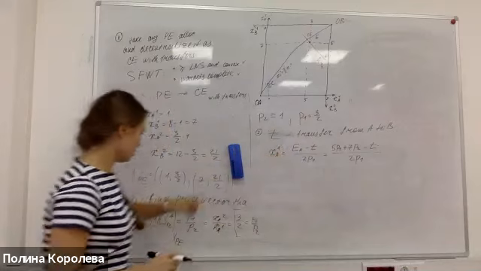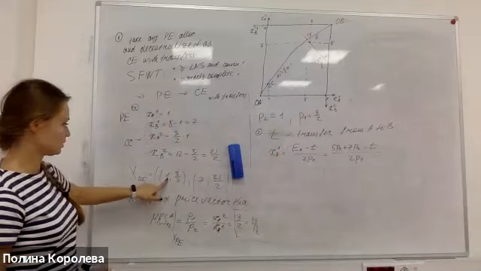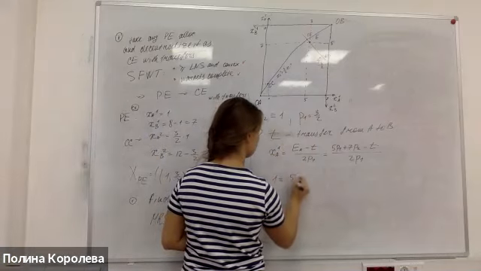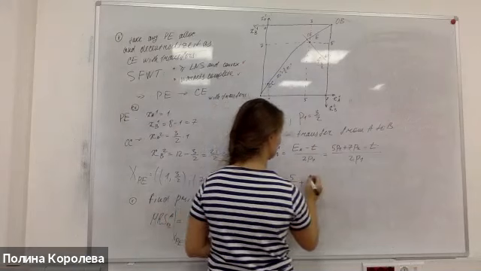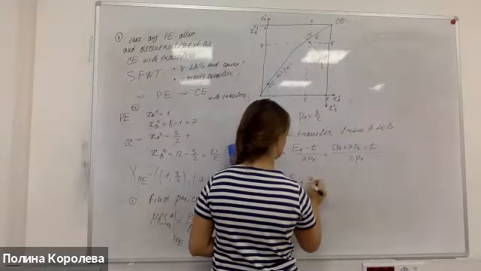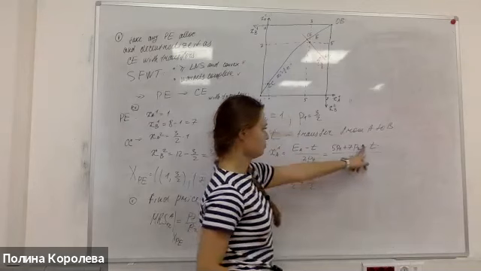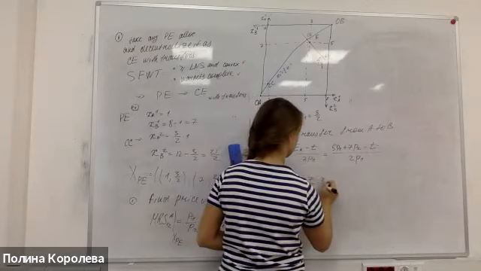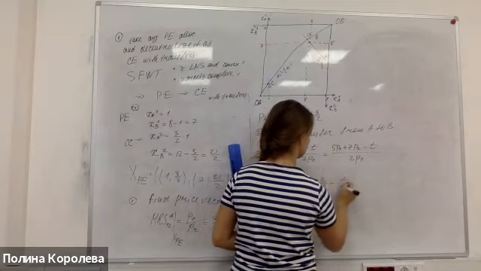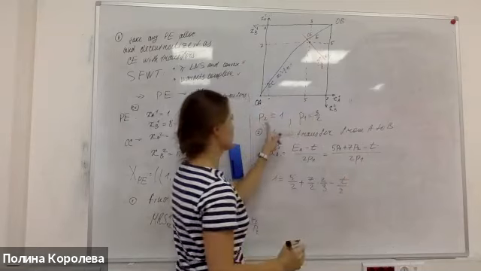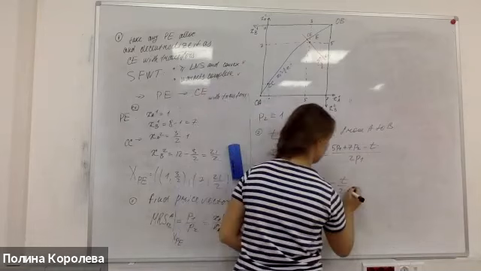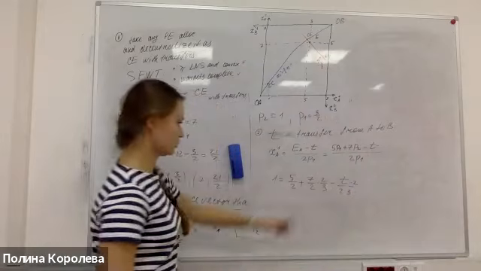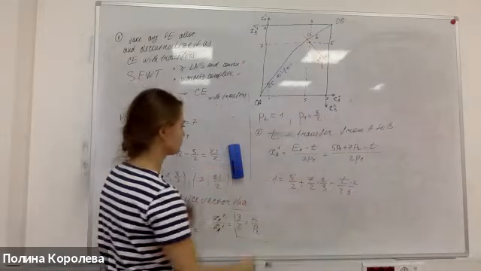XA1 in our point that we should decentralize is 1. So 1 is equal to 5 divided by 2 plus 7 divided by 2 multiplied by P2 divided by P1, 2 divided by 3, minus T divided by 2P1. P1 is equal to 3 divided by 2. So from here we will find transfer.